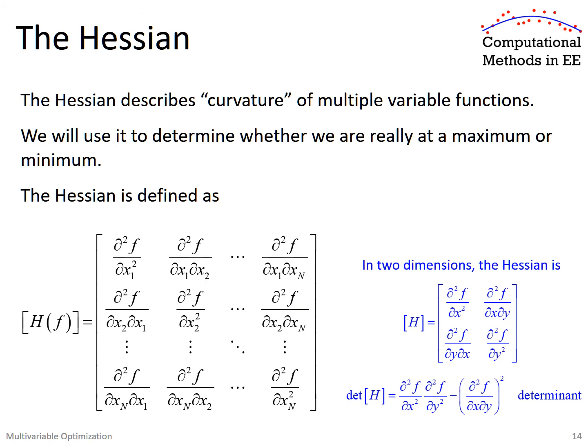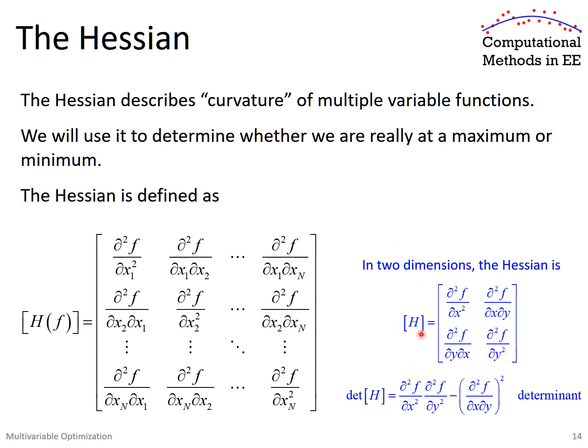And that's where this concept of the Hessian comes in. We can think of the Hessian as our revised way of exploring curvature in multivariable functions. And we can use this to actually determine if something has a maxima or a minima. So the Hessian has this crazy definition, and we're writing just a Hessian of f. To help make this make a little more sense, here's the Hessian just for a two-dimensional function.